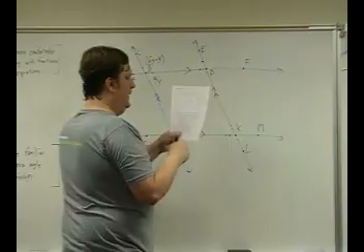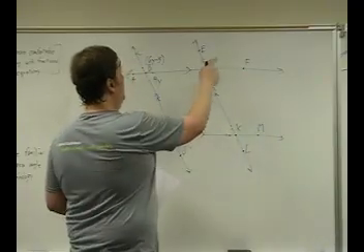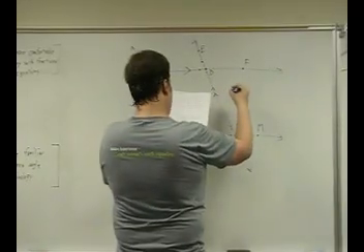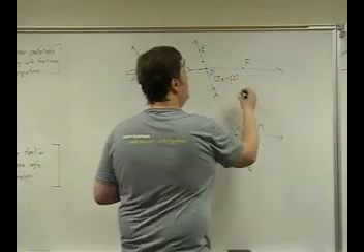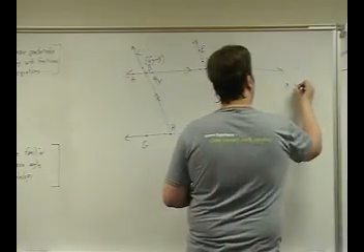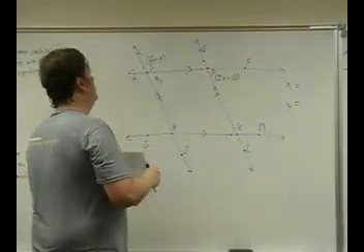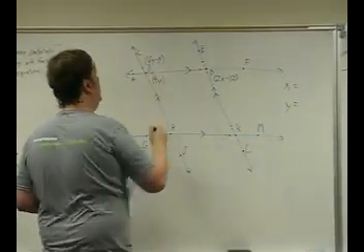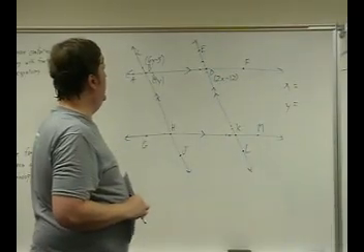And angle FDK is equal to 2x minus 12. And we're solving for x and y.